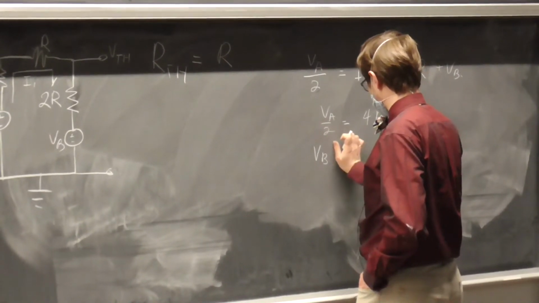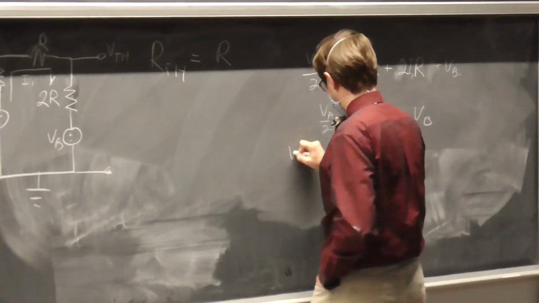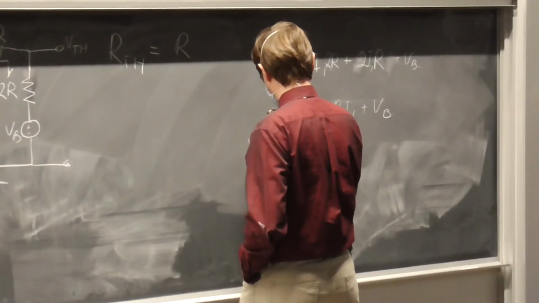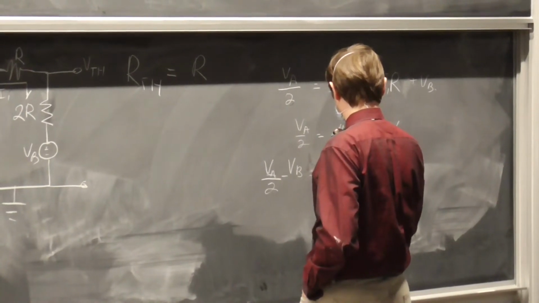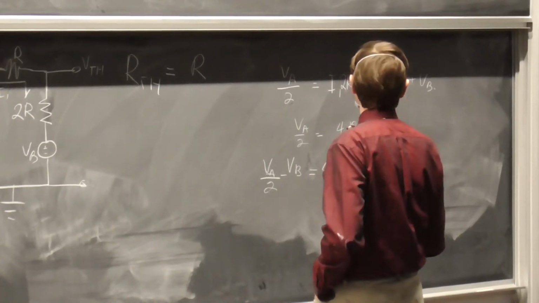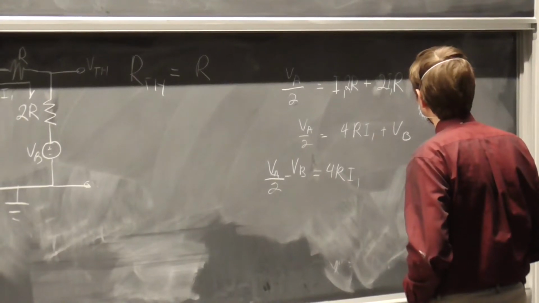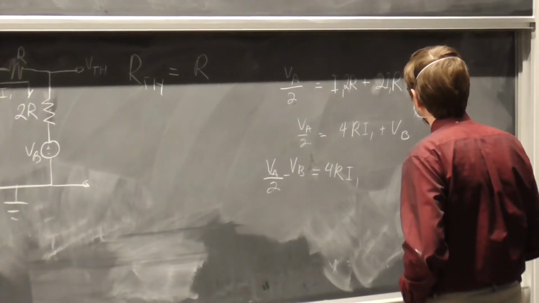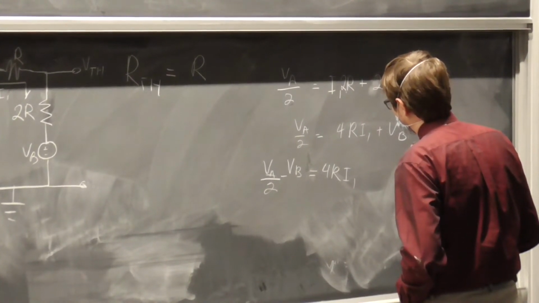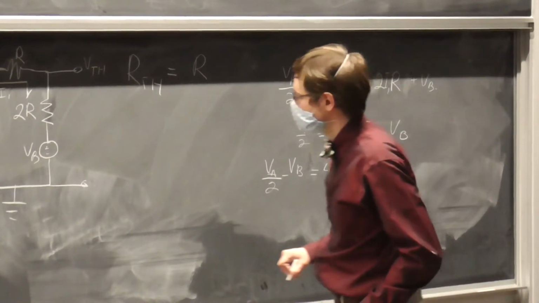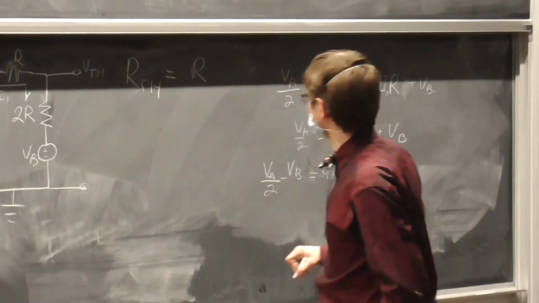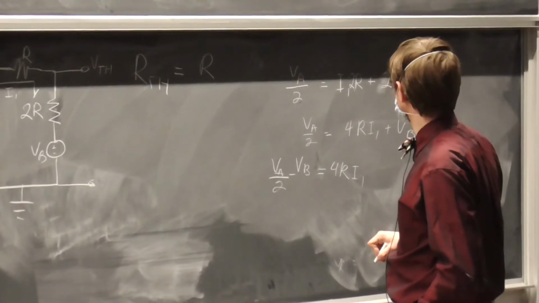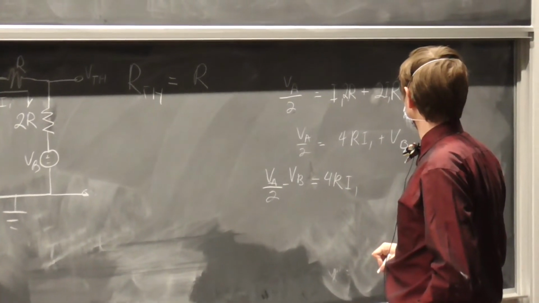I feel like I've messed up a negative here. Does 2R right in front of VB cancel out with the 2R after VTH?